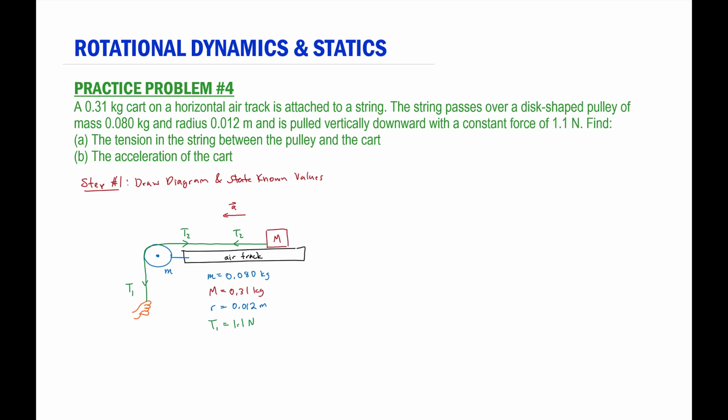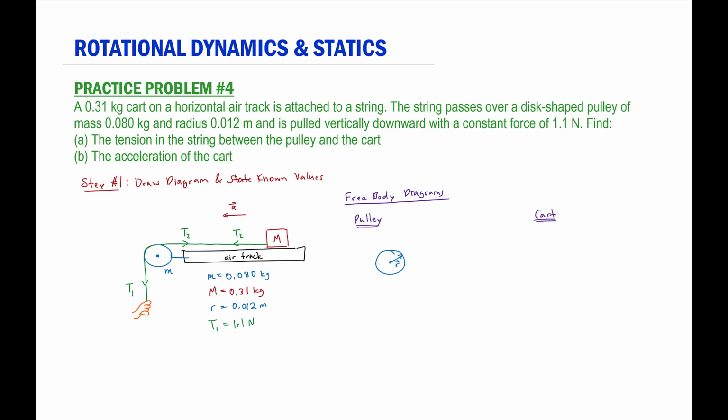So now let's draw some free body diagrams. For each of our masses, we have the pulley, and we have the cart. So with the pulley, we have our vector r.